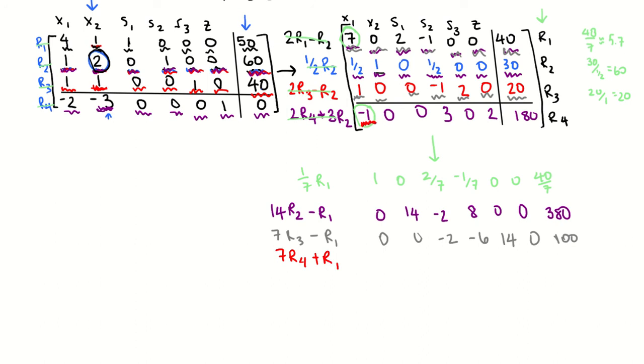That would be 7 times negative 1 is negative 7, plus 7 is 0. 7 times 0 plus 0 is 0. 7 times 0 plus 2 is 2. 7 times 3 plus negative 1 is 21, plus negative 1 is 20. 7 times 0 plus 0 is 0. 7 times 2 plus 0 is 14. And 7 times 180 plus 40 is 1300.